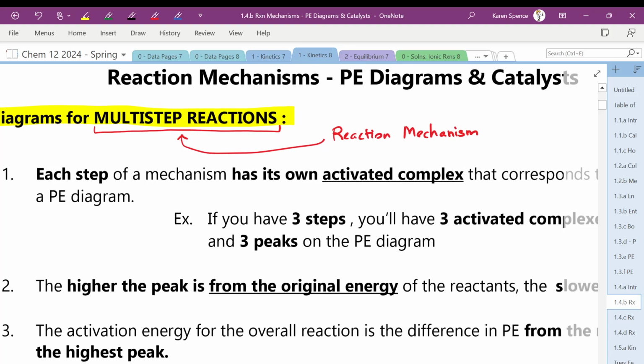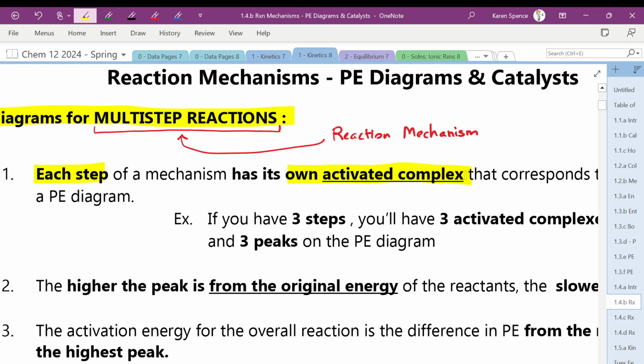Now, each step of a mechanism has its own activated complex. Okay, so each step has its own activated complex. And where do activated complexes occur on a potential energy diagram?